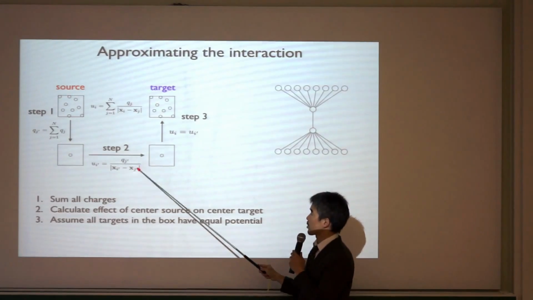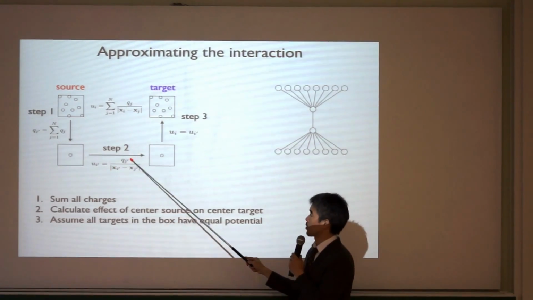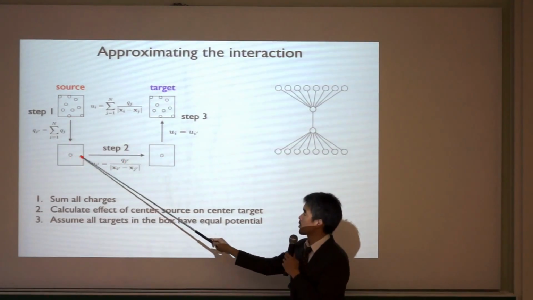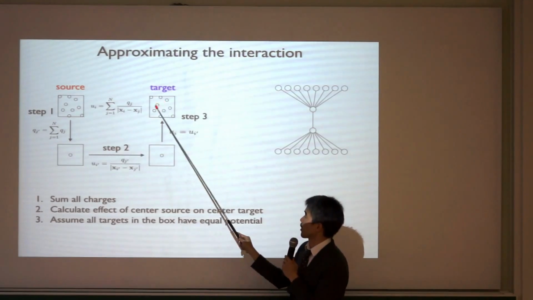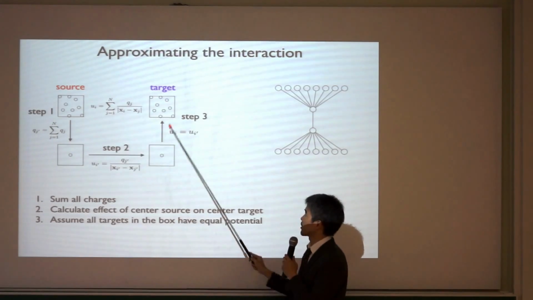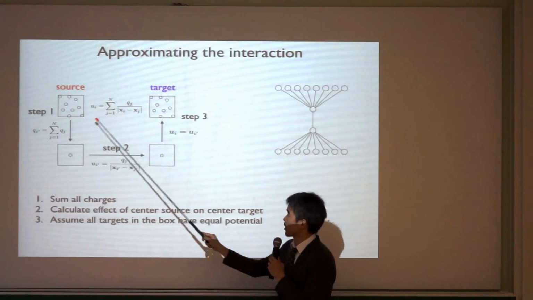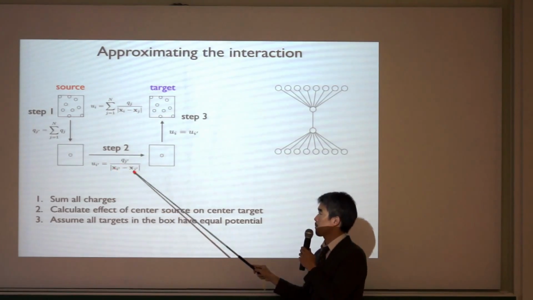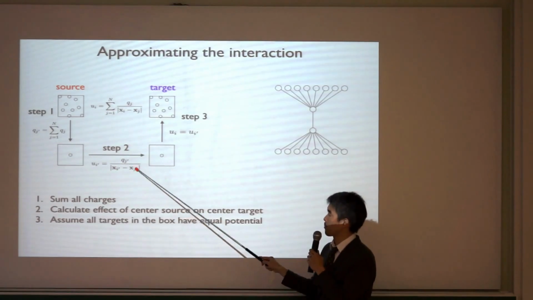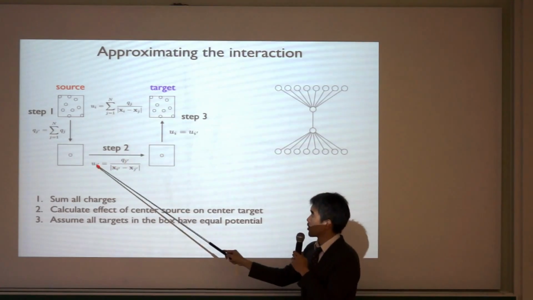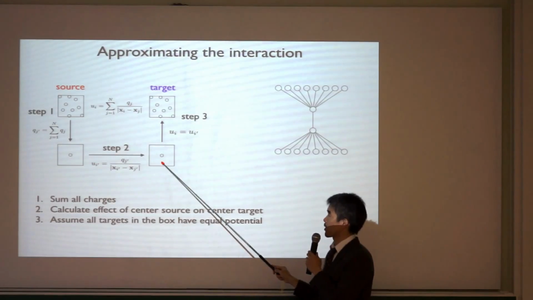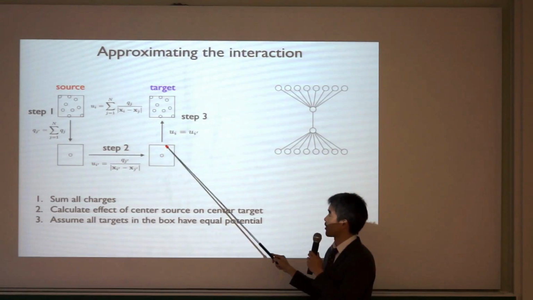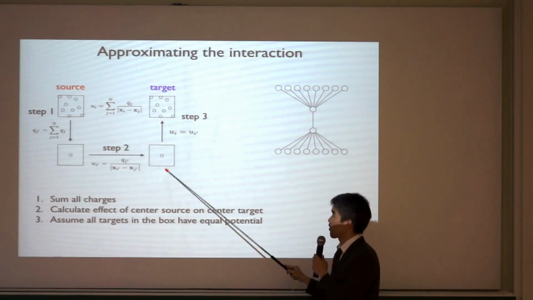And then you calculate the effect of that qj prime using the distance between the two centers of these boxes. This point here is at the center of this target box. So you're calculating the distance between the two centers, xi prime minus xj prime. And then you say that is the potential that's induced on roughly this entire area.